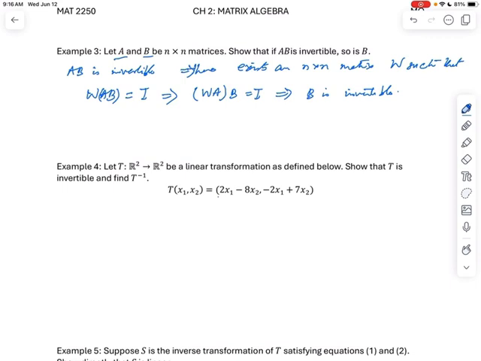So E1 is equal to, in R2, the vector 1, 0, and E2 is equal to 0, 1.